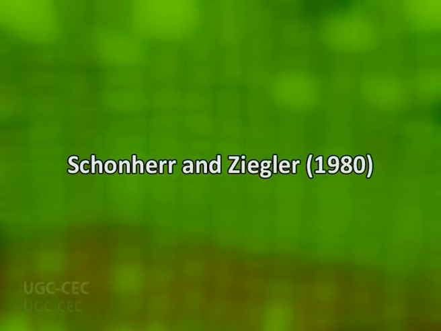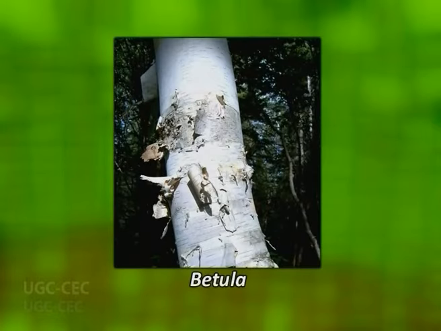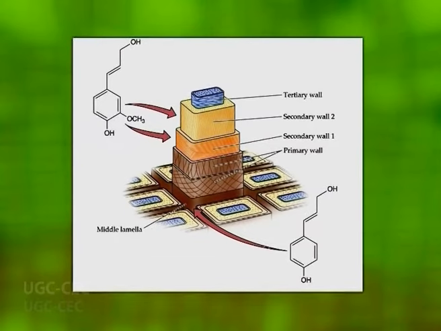Scurfield and Ziegler in 1980 showed that in Betula, the middle lamellae and primary walls of the phellem are at the most only partly suberized. According to these authors, this feature explains why the Betula periderm is quite permeable to water.